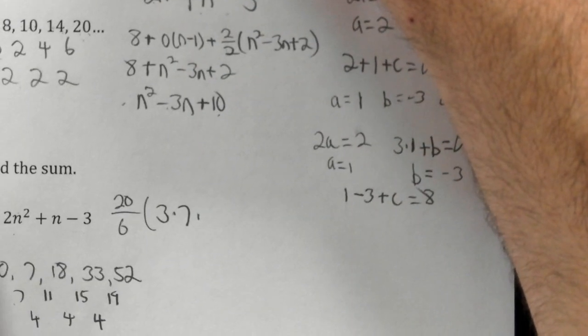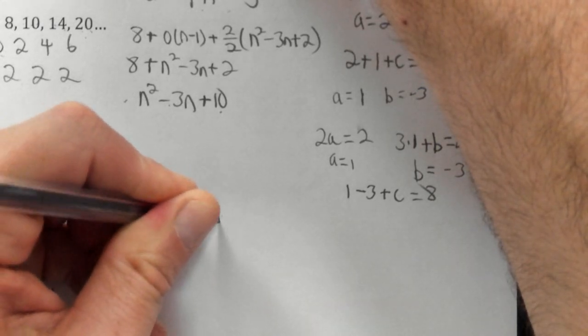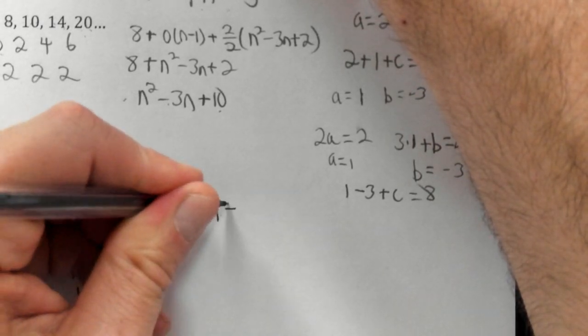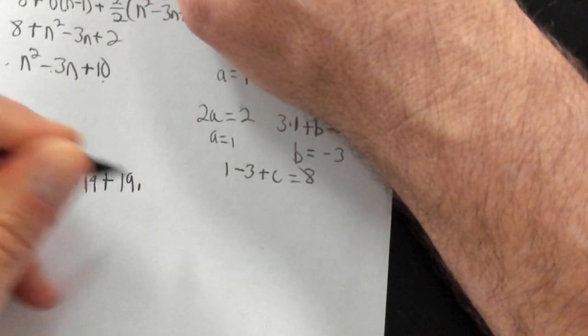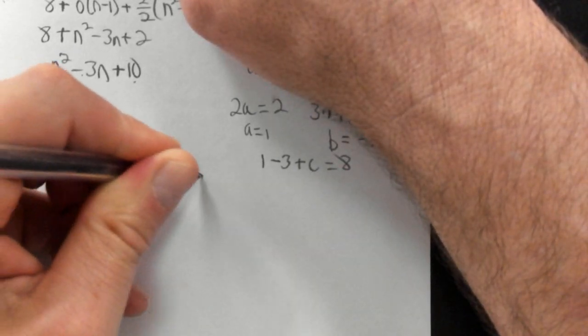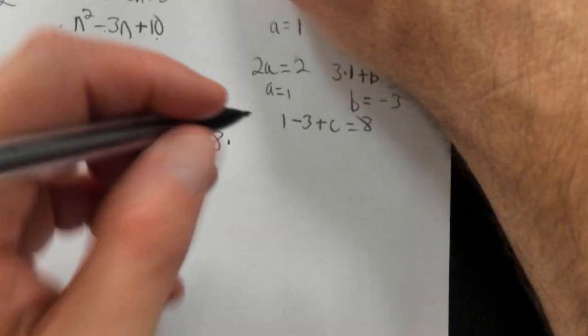Remember, n is number of terms, so n is 20, and 20 minus 1 is 19. Plus, what do we got next? N minus 1, which is 19, times n minus 2, which is 18, times C. What's C? It's the constant difference, which is 4.